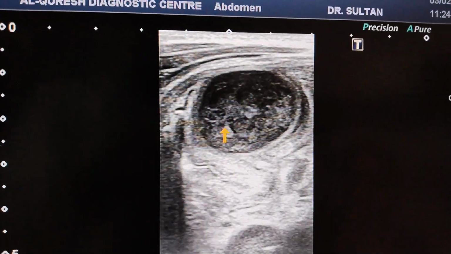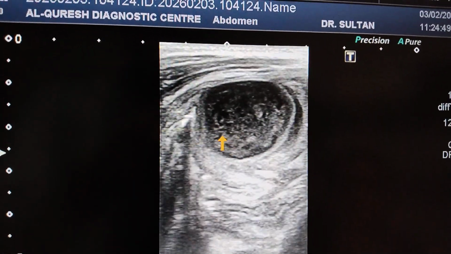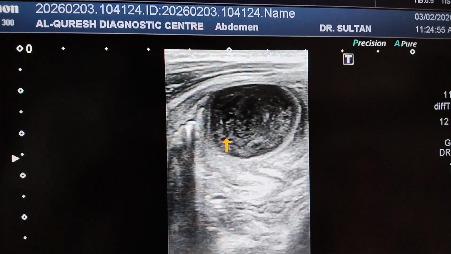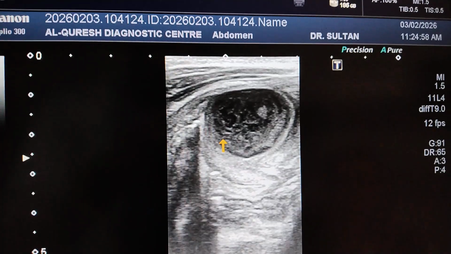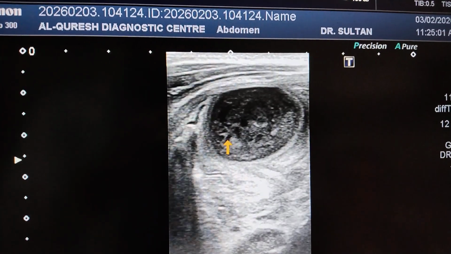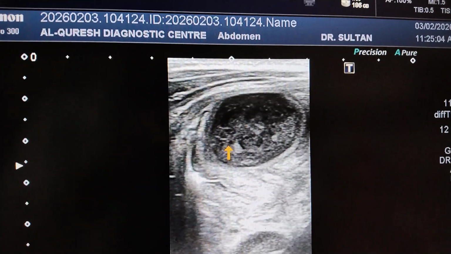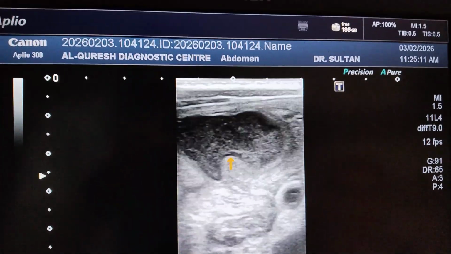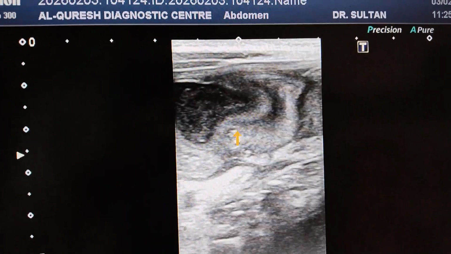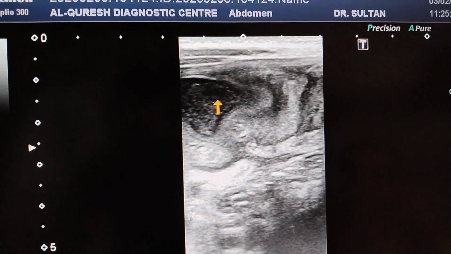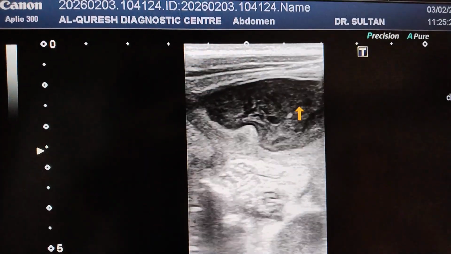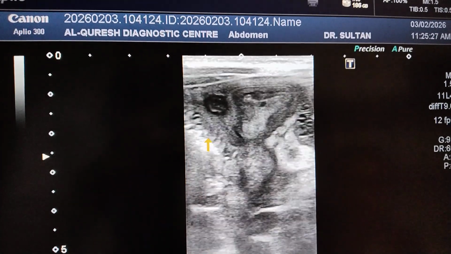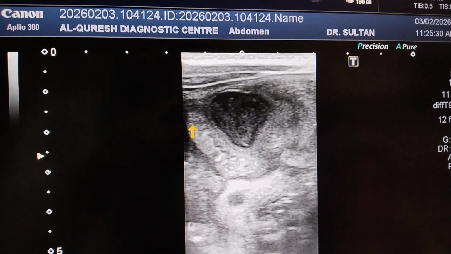So the recipient is the distal ileum, which has hyperemic blood flow, and the donor, which has been invaginated into the distal ileum, is the gangrenous appendix, which has no blood supply. Look at here. This is coming into the gut loop. And these are the other loops of distal ileum which are surrounding this area.